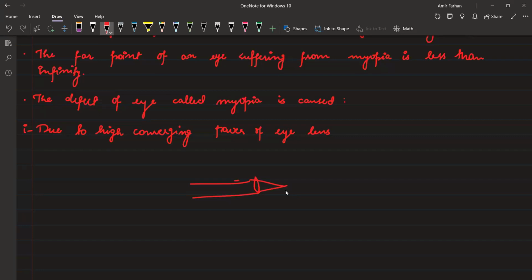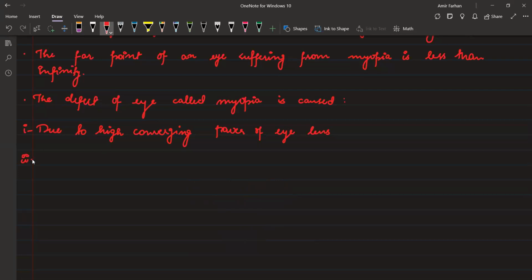Suppose this is the actual focal length. But our eye lens becomes highly converging, so it converges the rays here. Now the focal length has decreased a lot. Yes or no, everyone? Yes, sir. So this is the reason behind the myopic eye: the converging power of the eye lens increases.